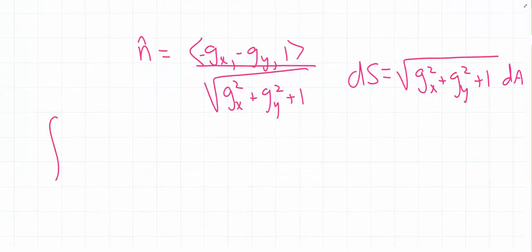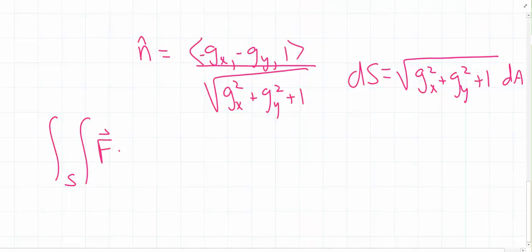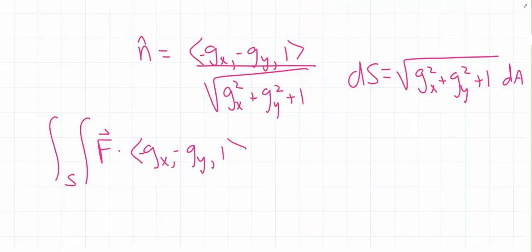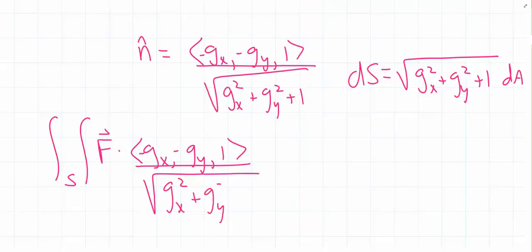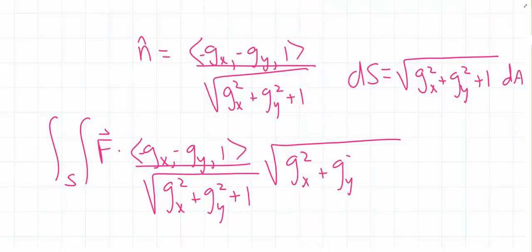We get the double integral over this surface of F dot n, and down here is the magnitude, and then up here we've got the dS, and you notice that this cancels.